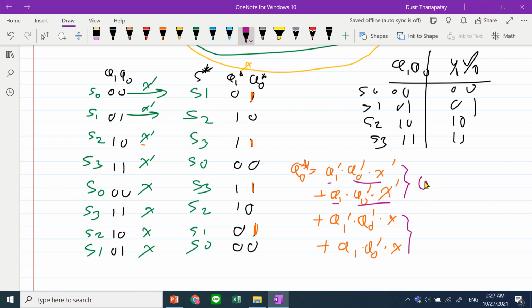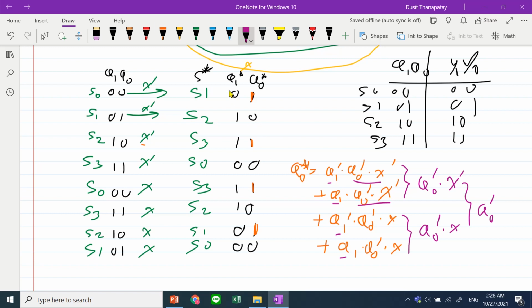So it's reduced to Q0 prime and X prime. And this term also differs in only one bit, so it's Q0 prime and X. And then when you combine these two terms together, it becomes Q0 prime. This is the equation for Q0 star.